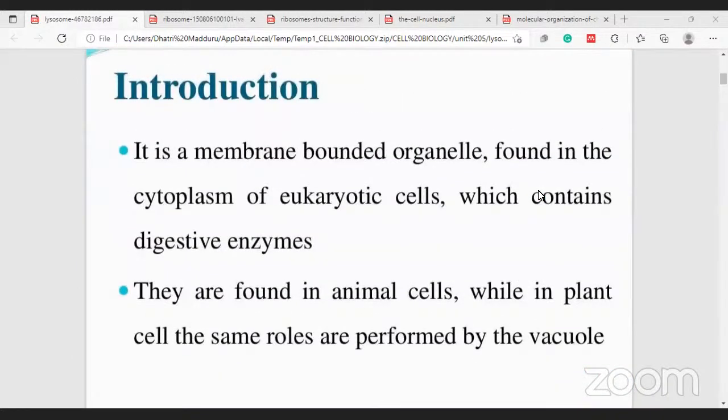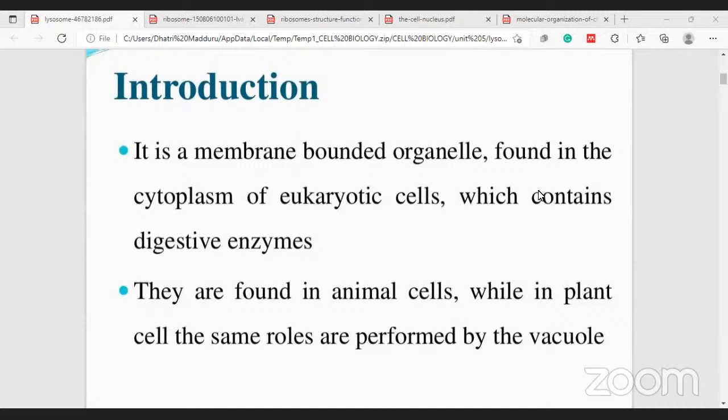Lysosomes are membrane-bound organelles found in the cytoplasm of eukaryotic cells. As I told you previously, lysosomes consist of digestive enzymes, and they are mainly present in animal cells, even in plant cells also.